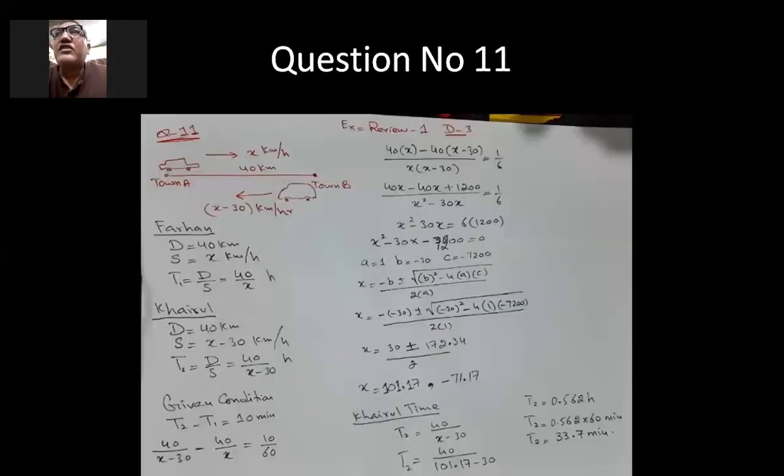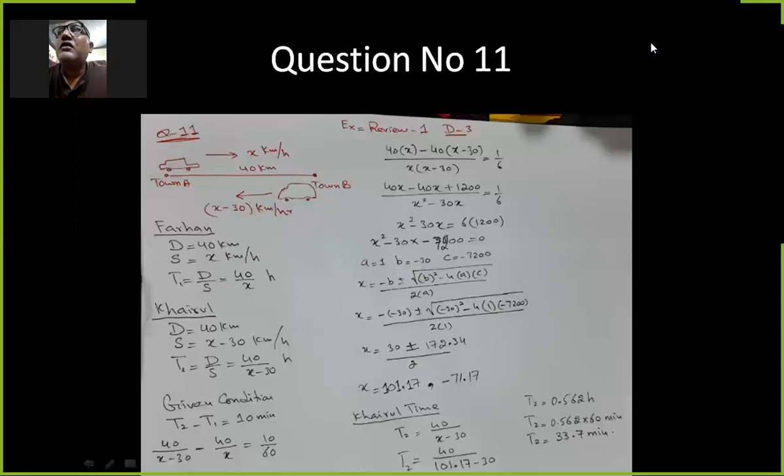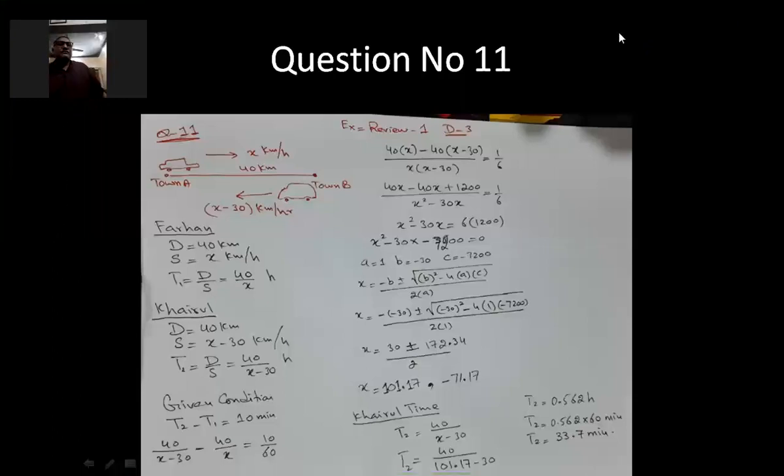The next question coming up on your screen is question number 11. Okay, so now we will attempt question number 11 of the review exercise of chapter number 1. And let me read the question for you.